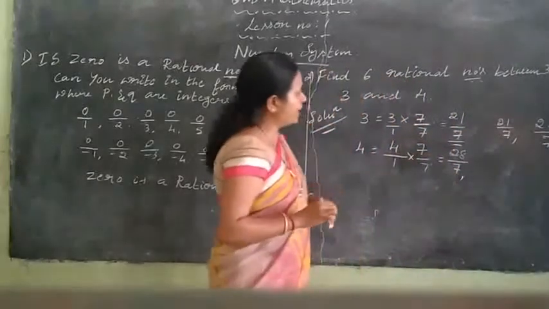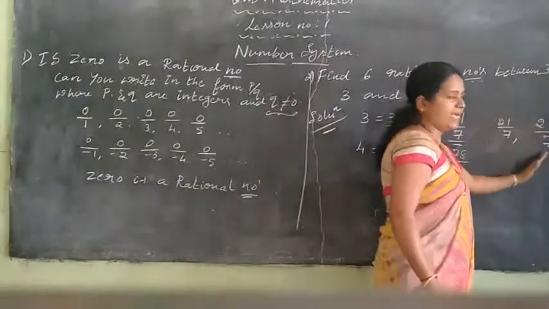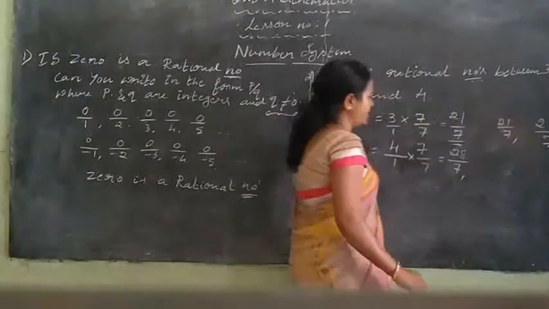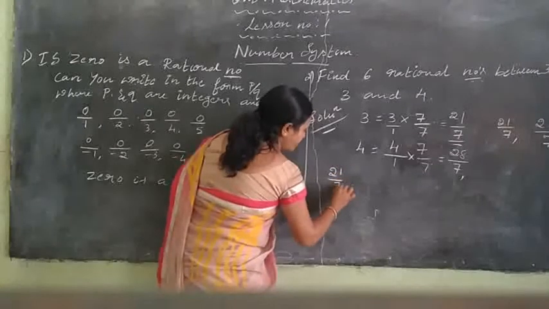Now we are going to write the 6 rational numbers between 21 by 7 and 28 by 7. So first is 21 by 7.